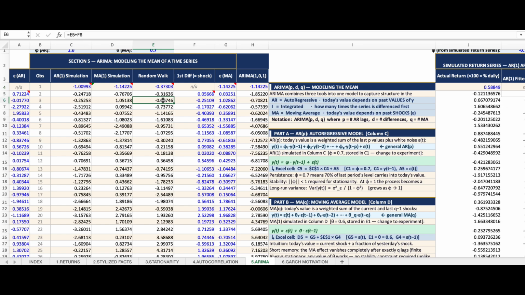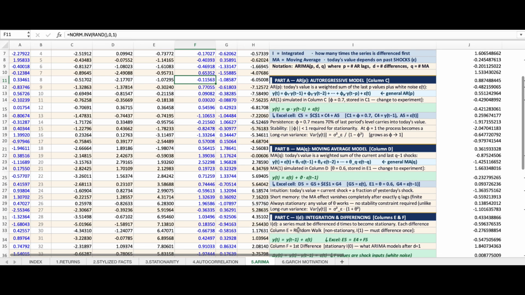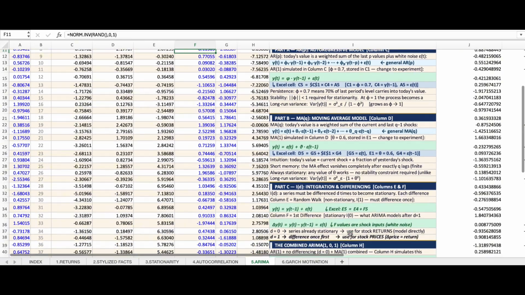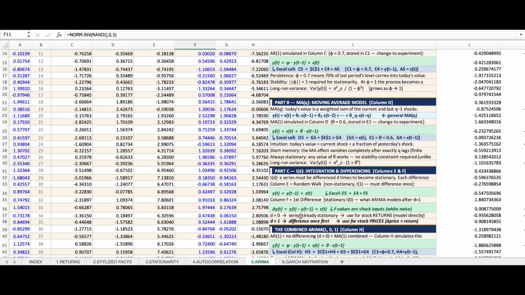So here D will equal 1. Column F shows the first difference of that walk, which is stationary. And so we are back to white noise. Now for our return series, D equals 0. The data is already stationary, so we do not difference it before modeling.